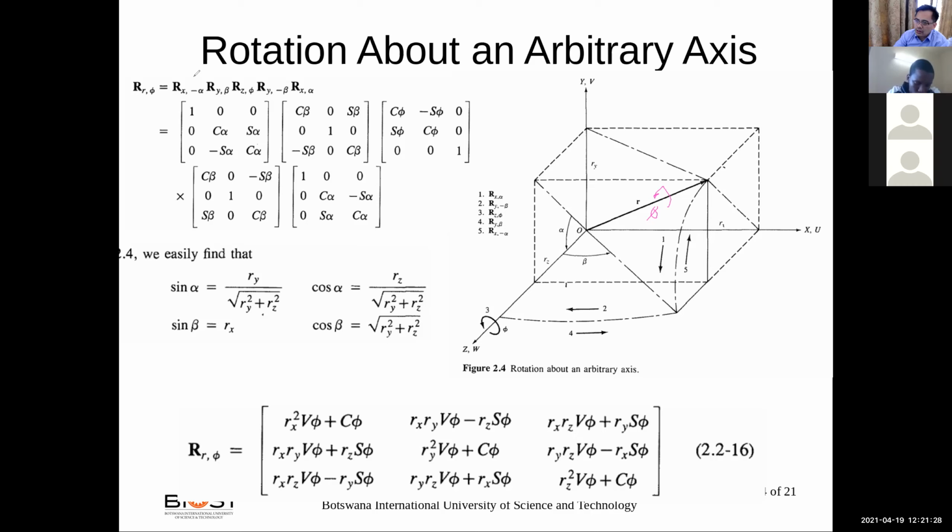But the question is, why are we pre-multiplying and not post-multiplying? Why are we pre-multiplying?